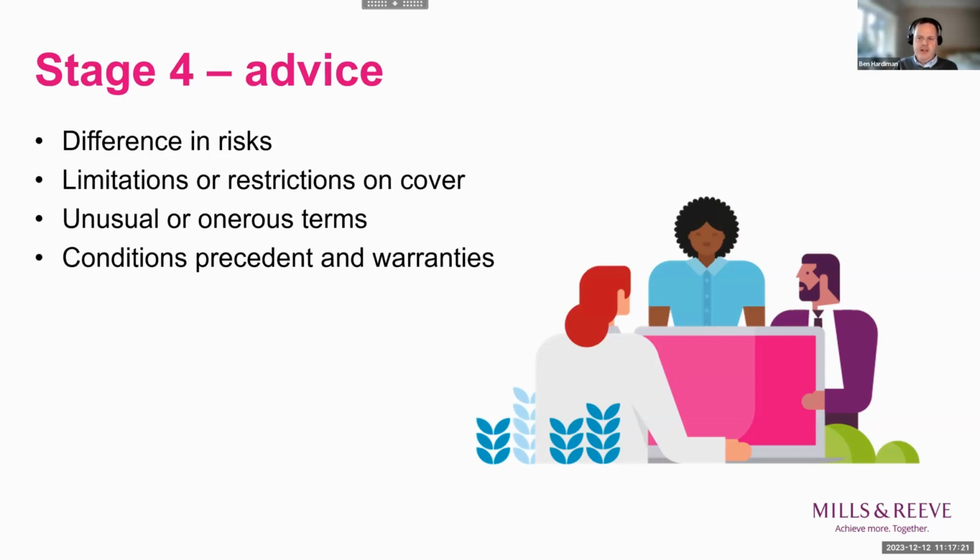They may be ones where it is apparent that it might be difficult for the client to comply with them, or perhaps that is something that would not ordinarily be seen in an insurance policy of this type. And finally, to advise on the terms and conditions that must be complied with as a prerequisite to the policy responding to a claim. Often referred to as conditions precedent, they may include, for example, the notification conditions around claims and circumstances in a claims made policy.